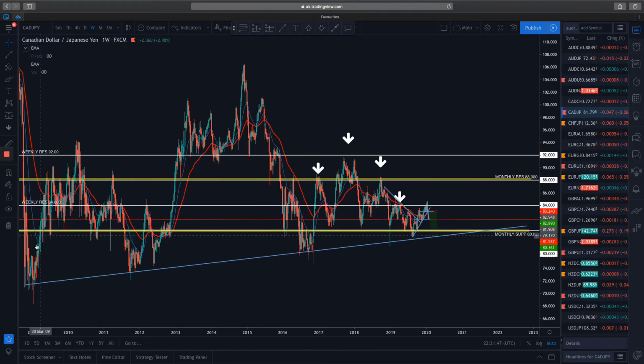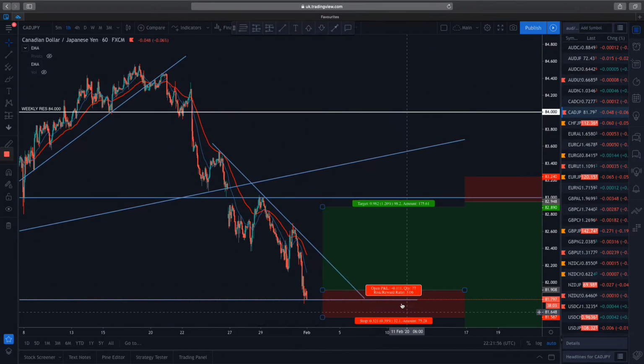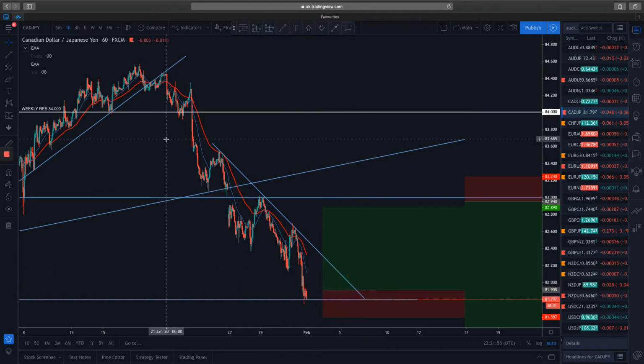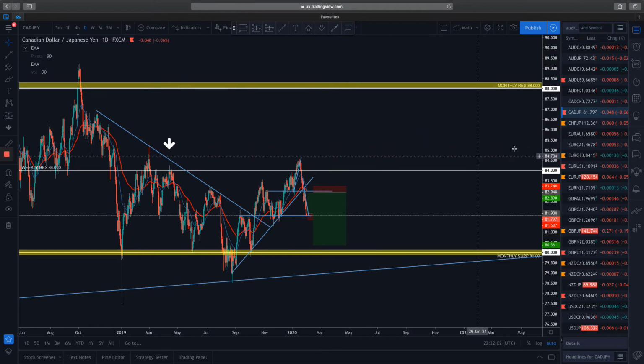So if we look here, we can see we've had a few touches. So eventually looking for this to touch here. Waiting for that 1 hour 50 EMA break and retest on there. Should be an interesting one.